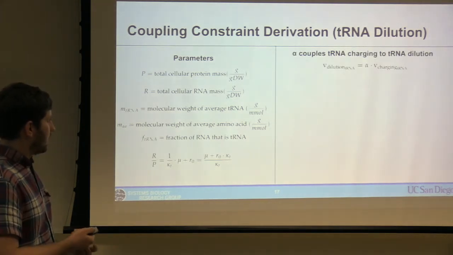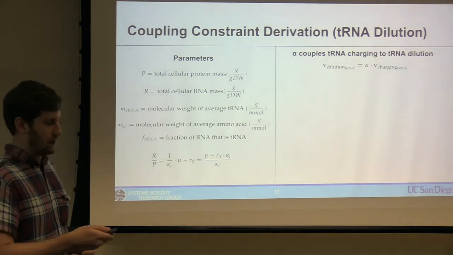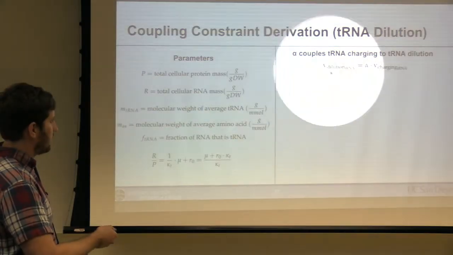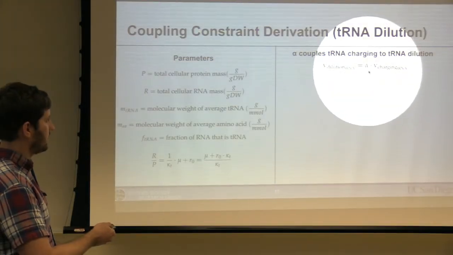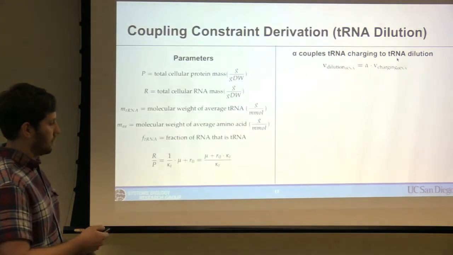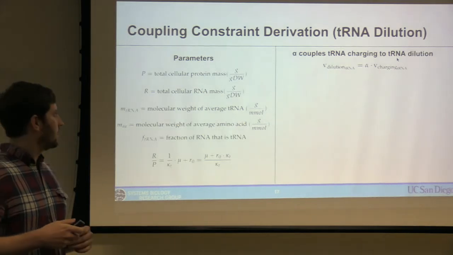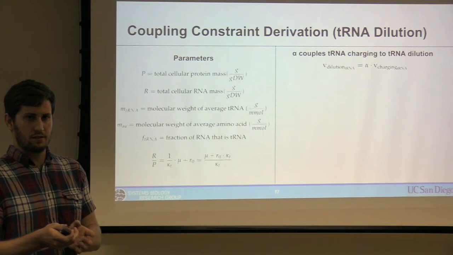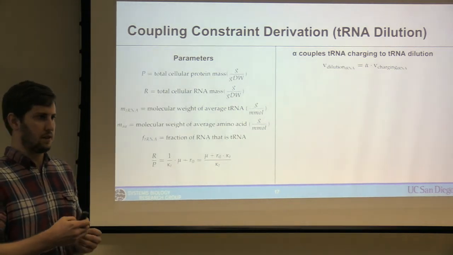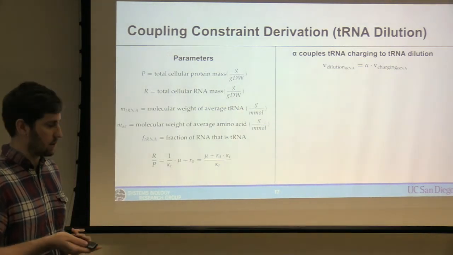And so the way we would derive this or think about it is we have a rate of dilution of tRNA, and this is going to be coupled via this alpha term to the rate that it's charged. So as the tRNA is charged, a certain amount of it is going to be diluted. So this is the amount that you're actually going to have to synthesize for that process to take place.